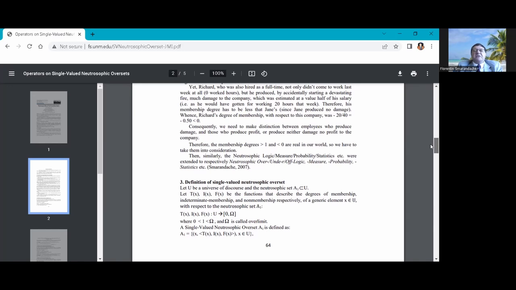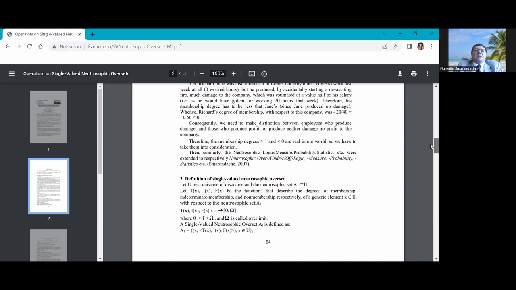But Richard, because he did some damage and didn't work at all, his membership degree deserved to be less than 0. So these are clear, easy, elementary examples where people may have degrees bigger than 1 and less than 0.